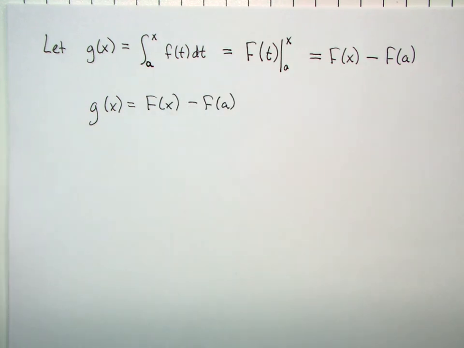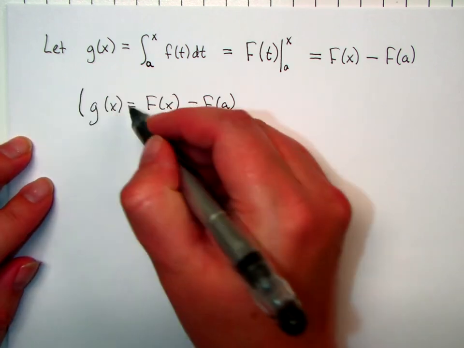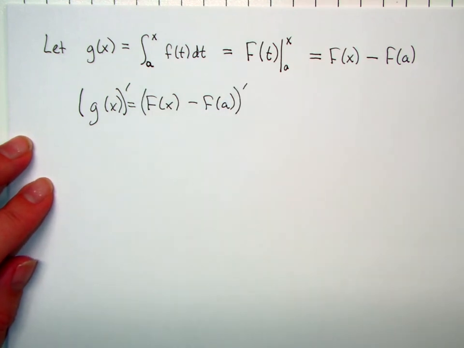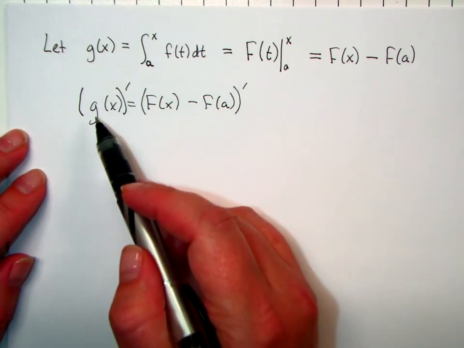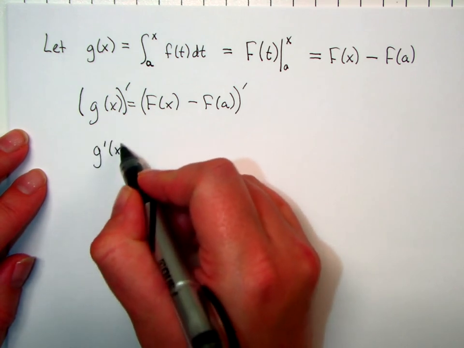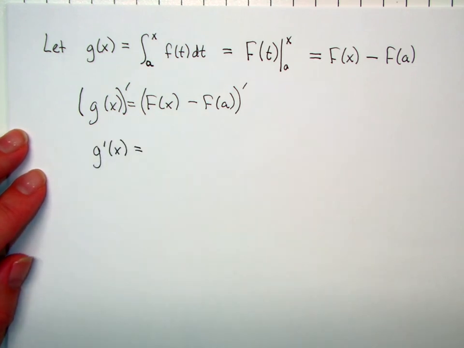What I want to show you is that g prime is really little f. So I'm going to differentiate this side and differentiate this side. The derivative of g we'll just call g prime of x, and the derivative of capital F of x.